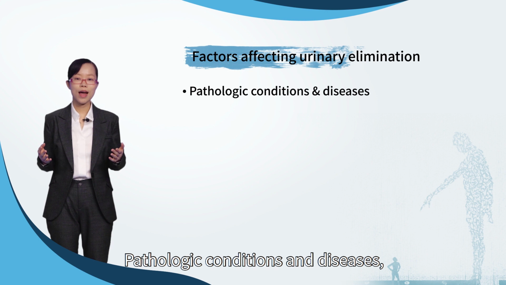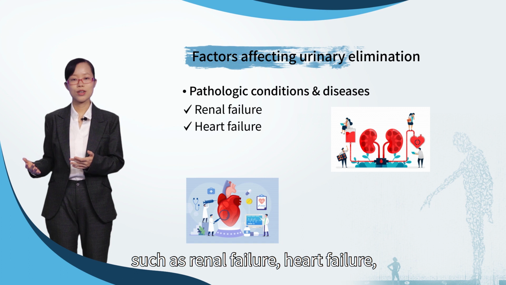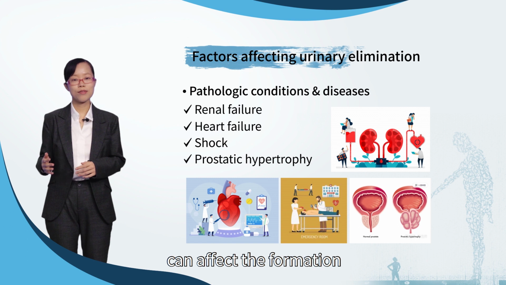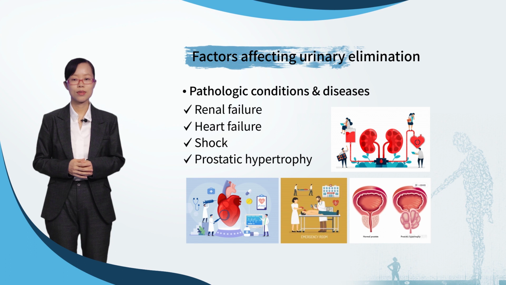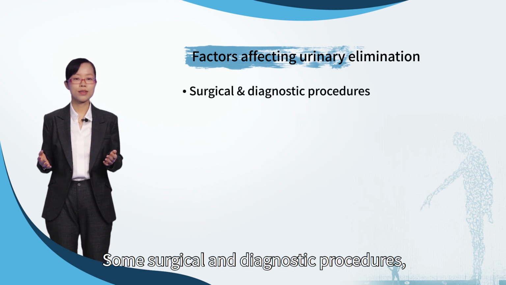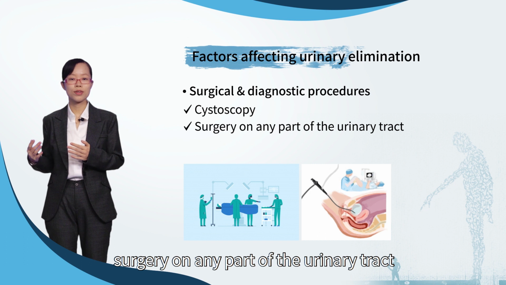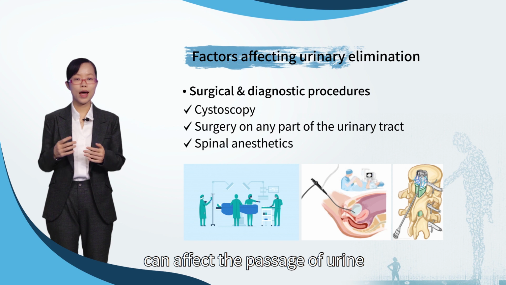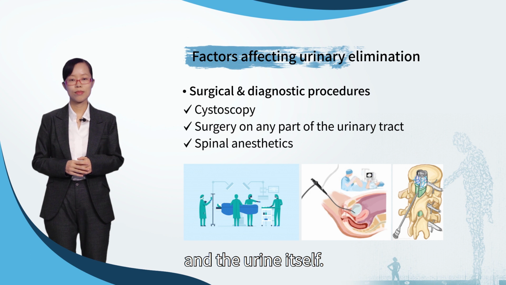Pathologic conditions and diseases, such as renal failure, heart failure, shock, and hypertrophy of the prostate gland, can affect the formation and excretion of urine. Some surgical and diagnostic procedures, such as cystoscopy, surgery on any part of the urinary tract, and spinal anesthetics, can affect the passage of urine and the urine itself.